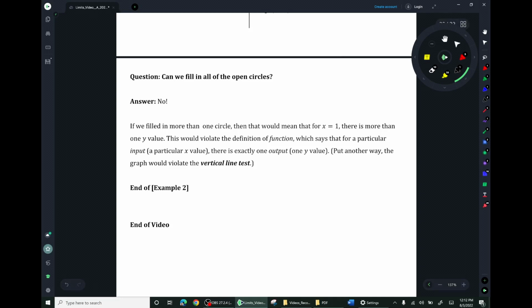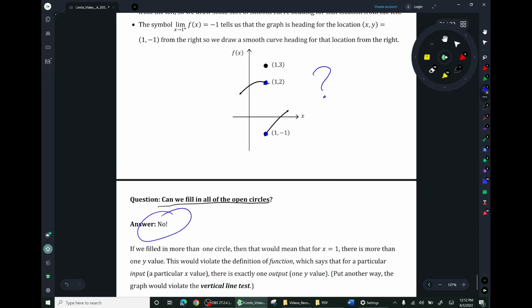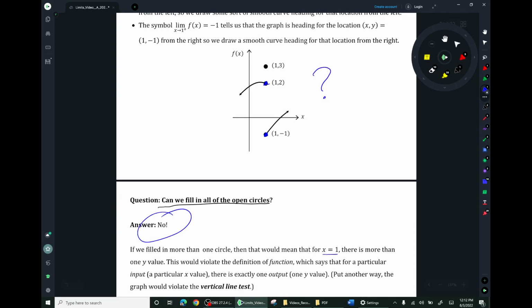One last question. Can we fill in all the open circles? For instance, can we fill this circle and this circle? Well, the answer is no. If we filled in more than one circle, that would mean that for x equals 1, there's more than one y value. A y value of 3, y value of 2, and a y value of -1. What's wrong with that?